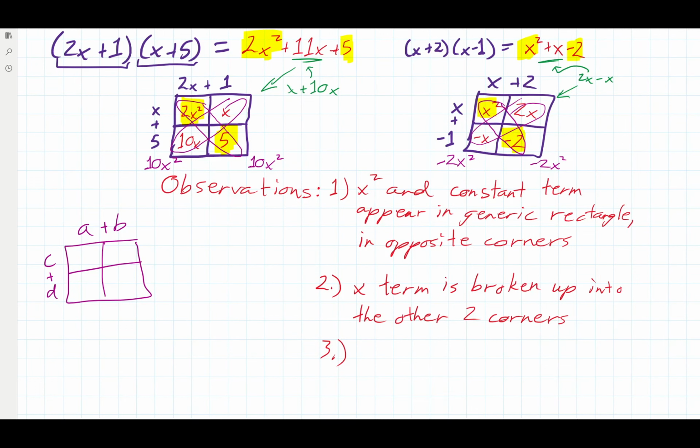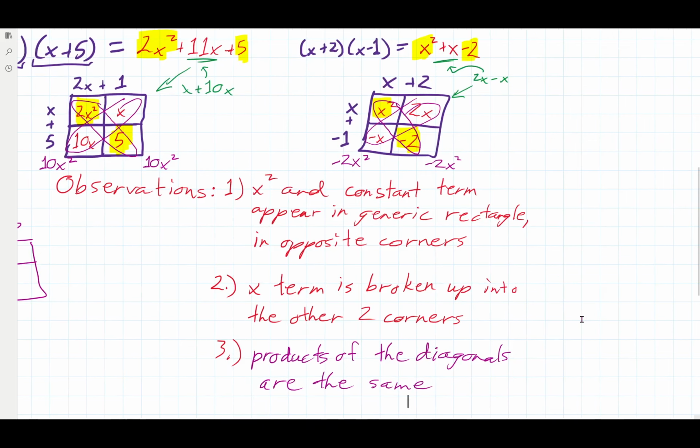But our second observation is that the products of the diagonals are the same. So how does this help factor?